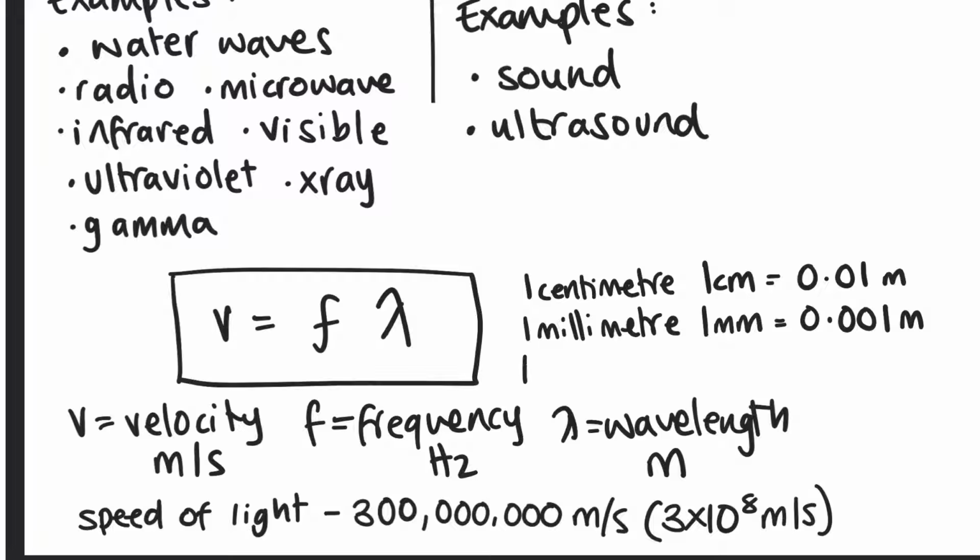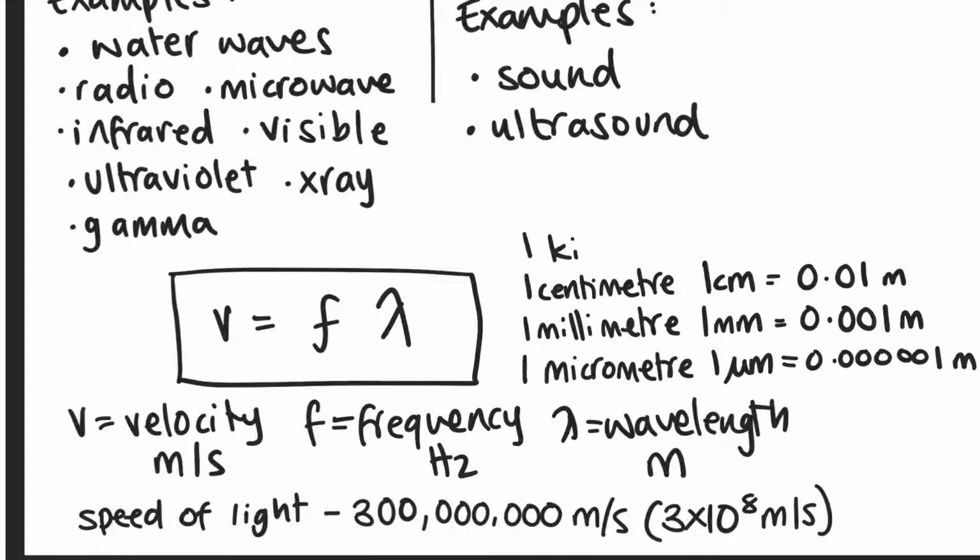Less commonly, you might come across 1 micrometre, which is 1/1,000,000 of a metre. If we look at some of the bigger values, we could have a kilometre, which is 1,000 metres, or we could even have what's called a megametre.